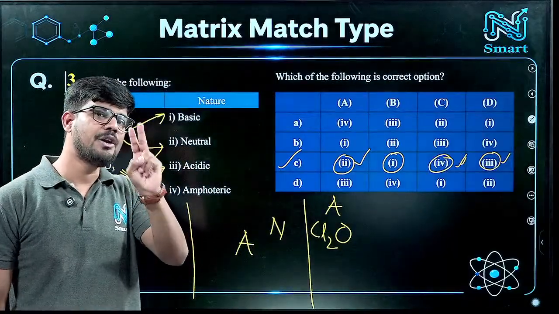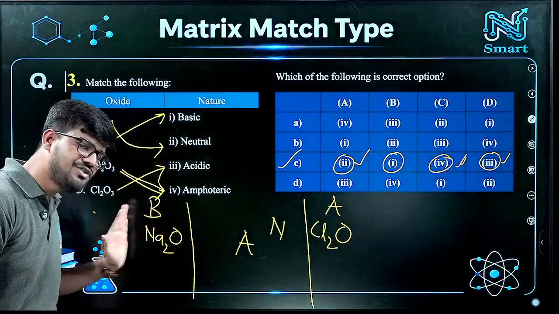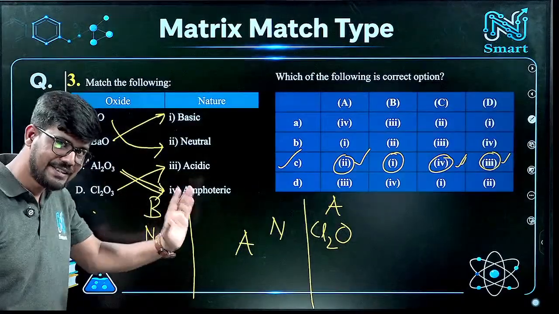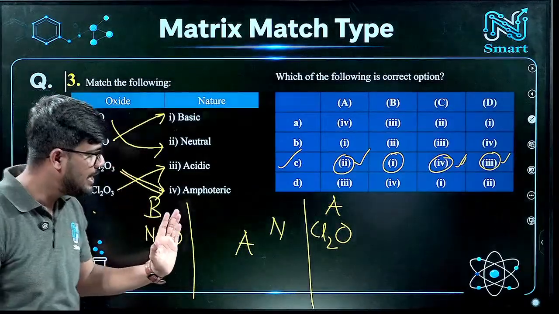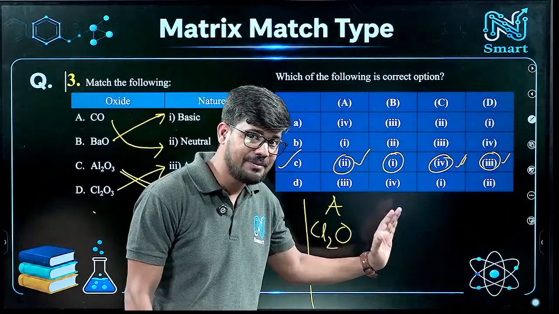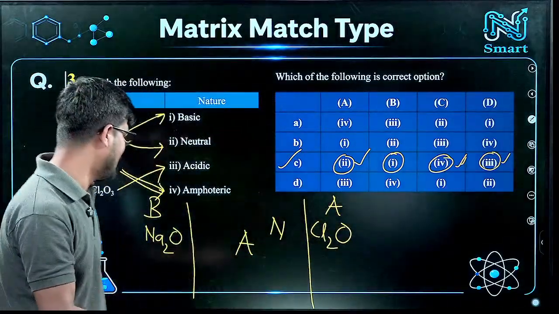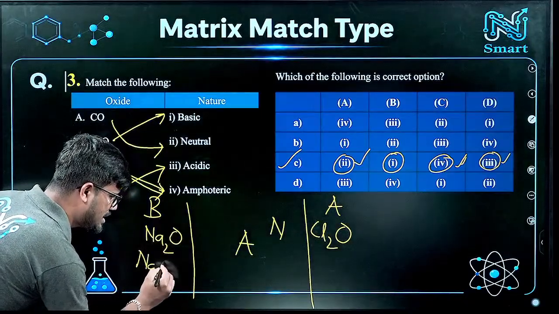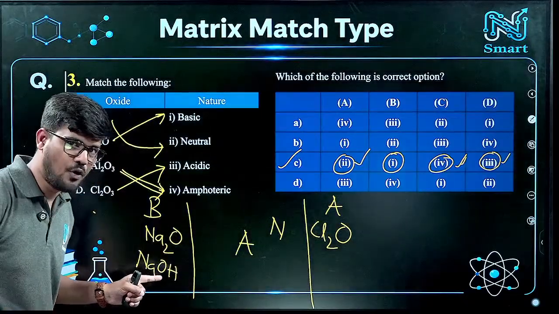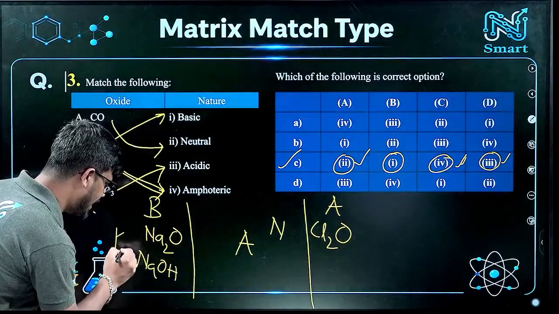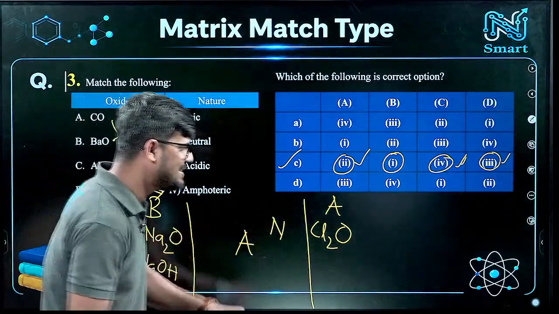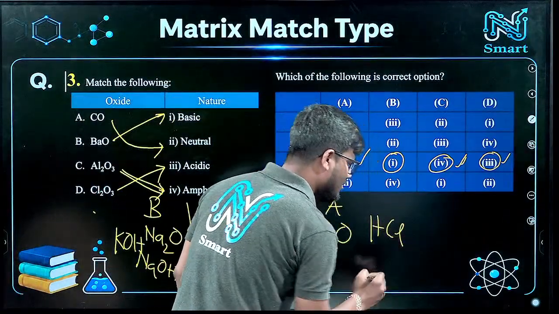Only if you remember these two things: extreme left means basic oxide, extreme right side means acidic oxide. I'll give you another example, like NaOH. This is a base, right? Already we know NaOH, KOH, these are all bases. Acid, HCl, correct?